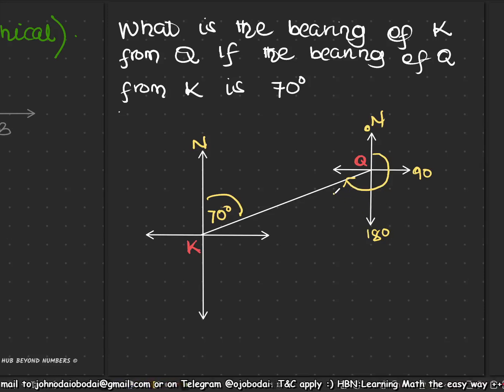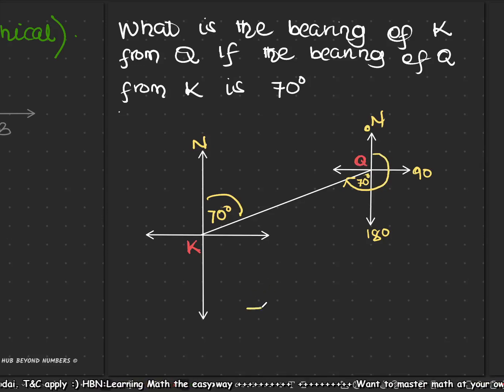And under angles, if you see these two angles, we call them alternating angles, and alternating angles are equal. So if this is 70, then we have 70 as well over here. So the back bearing, we know this to be 180, 180 plus 70.